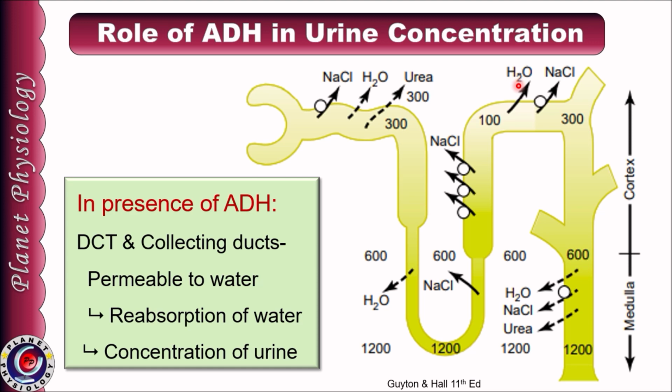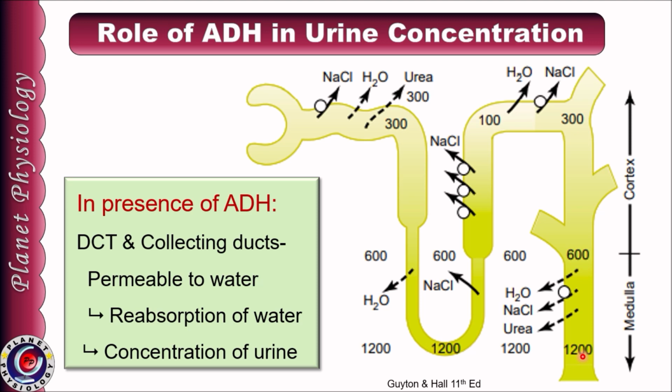Hence, whenever there is need for conservation of water, the posterior pituitary secretes ADH, that is antidiuretic hormone, and it helps in water reabsorption from these segments of the nephron into the peritubular capillaries. Thus, now the filtrate entering the medullary collecting duct is highly concentrated. Its osmolarity is the same as that of the medullary interstitium. Thus, presence of ADH is essential in concentrated urine formation.